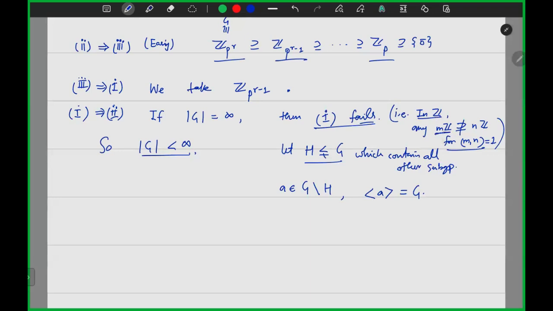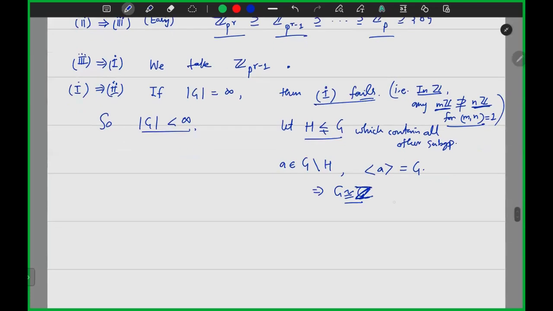H will be of this form, some mZ, but it does not contain all other subgroups. All other subgroups are also nZ type. This implies G is isomorphic to Z, and in Z the hypothesis fails.